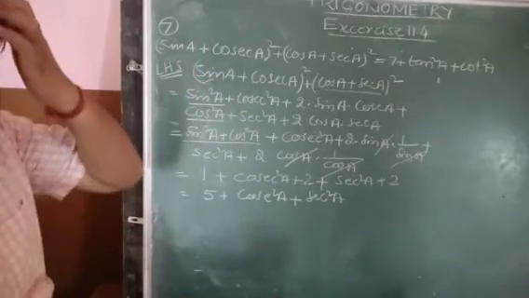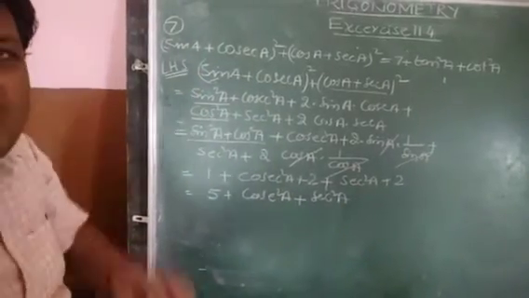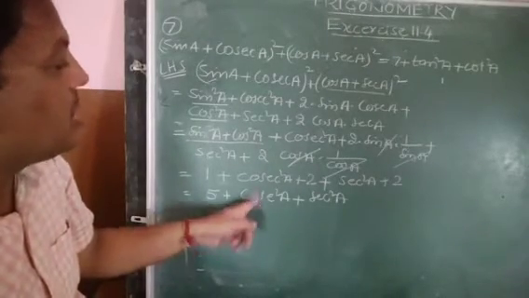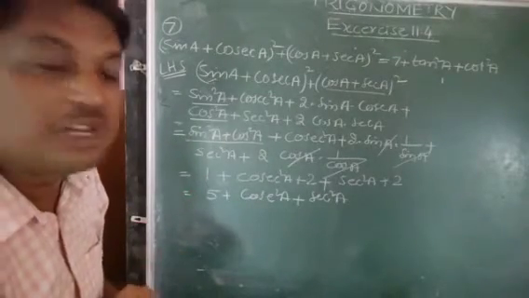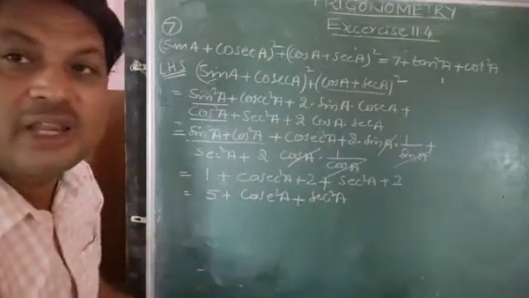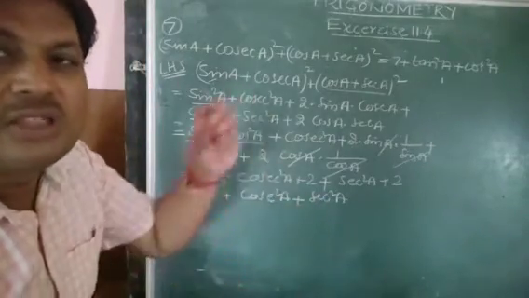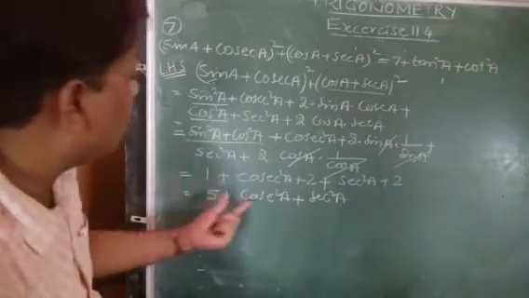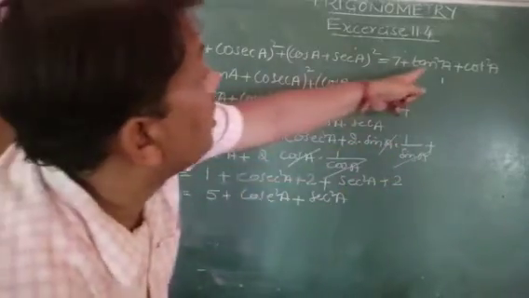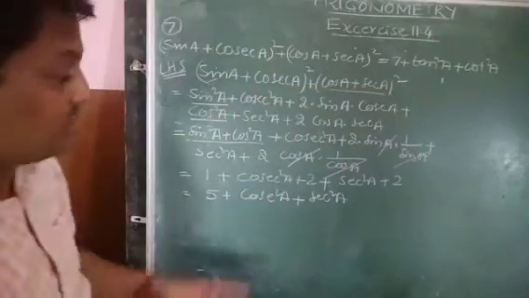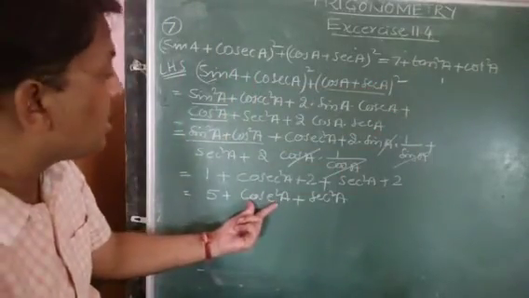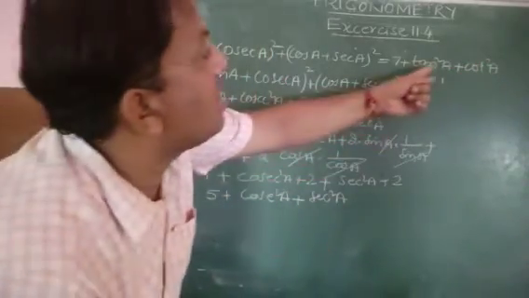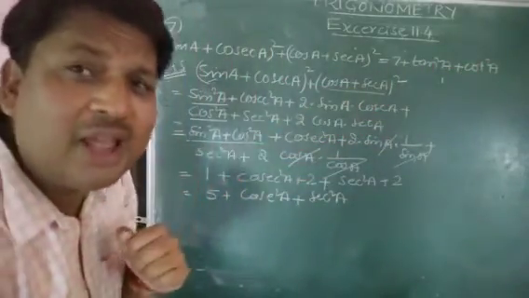Now children, here we have to think about what we have to do. There are two options. Option number 1, cosec A to be converted into 1 by sin, sec square A to be converted to 1 by cos, then LCM and so on. Or children, here directly we need the answer in terms of tan and cot, and cosec is directly related with cot, sec is directly related with tan by trigonometric identities.